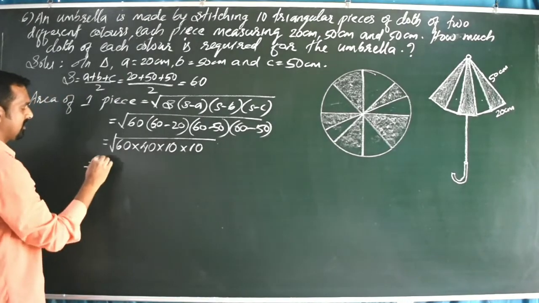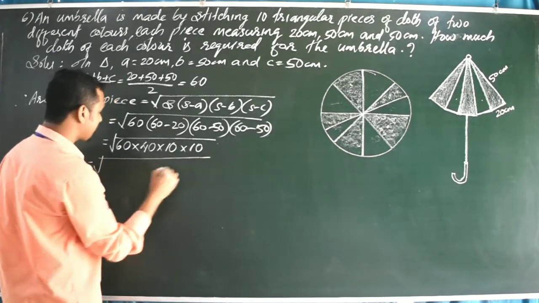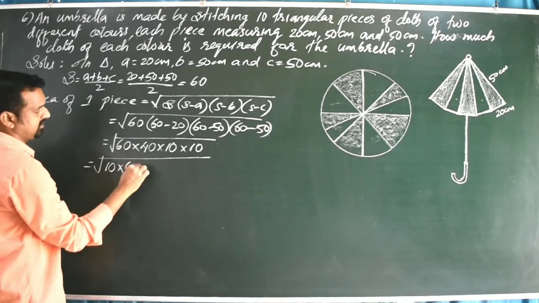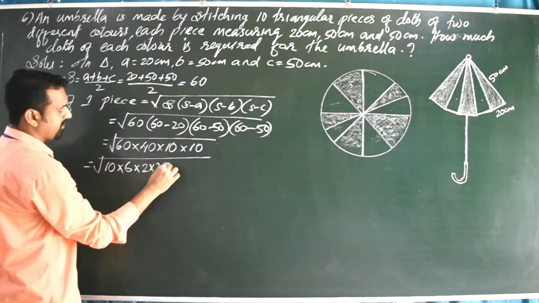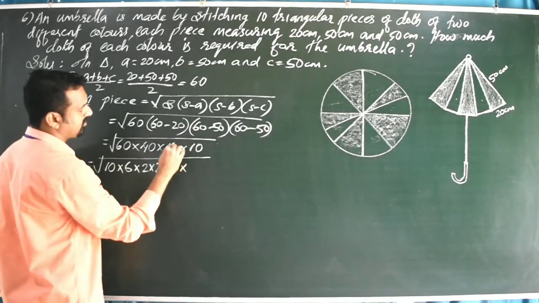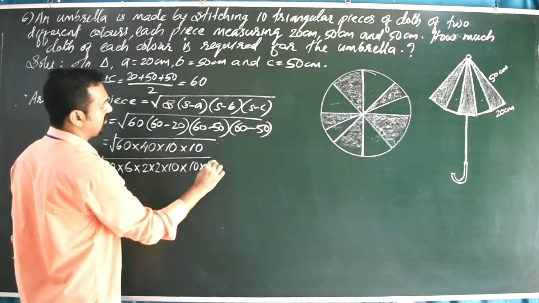That is equal to square root of 10 into 60 into 2 2s are 4, 4 into 10, 40 into 10 into 10.